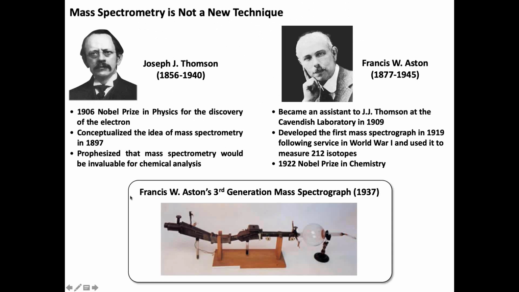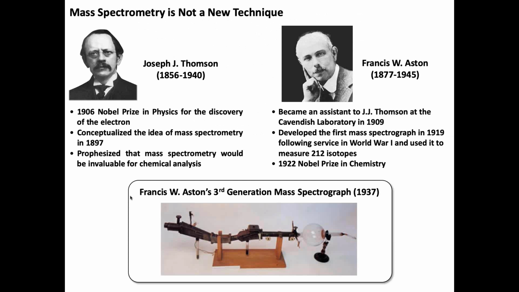Okay, so I like to start off most beginning talks on mass spectrometry by emphasizing that mass spec is not a new technique. It's been around for quite some time. These are two of the founding fathers. J.J. Thomson discovered the electron, and his assistant, Francis Aston, discovered a lot of isotopes. He's also a very skilled instrument builder.